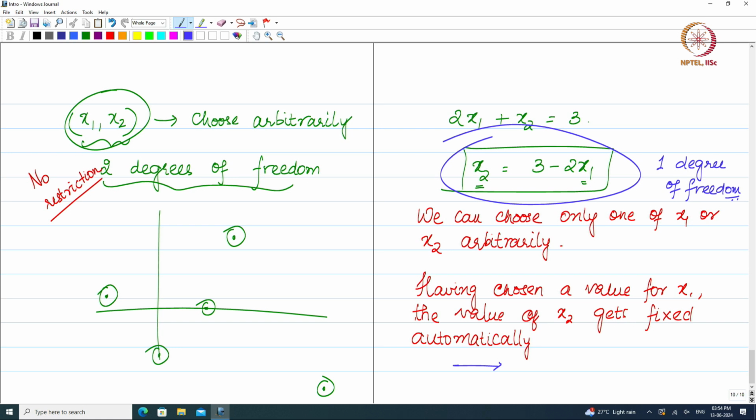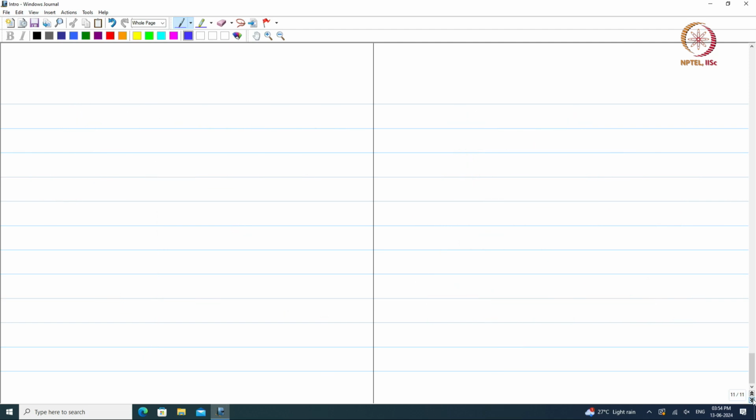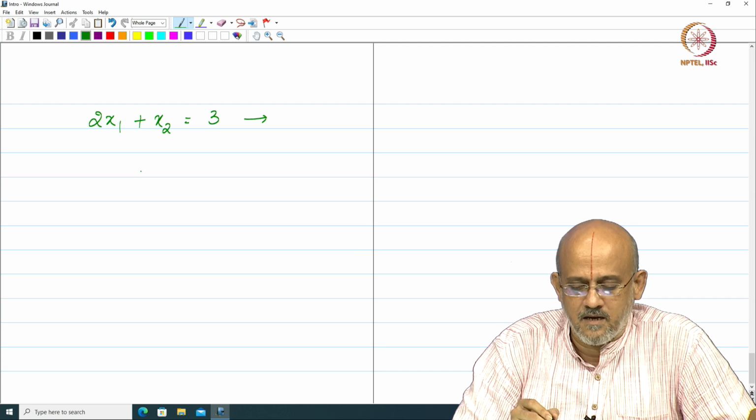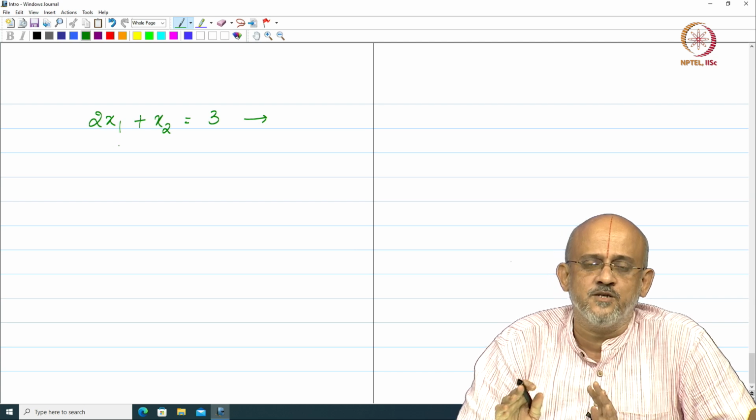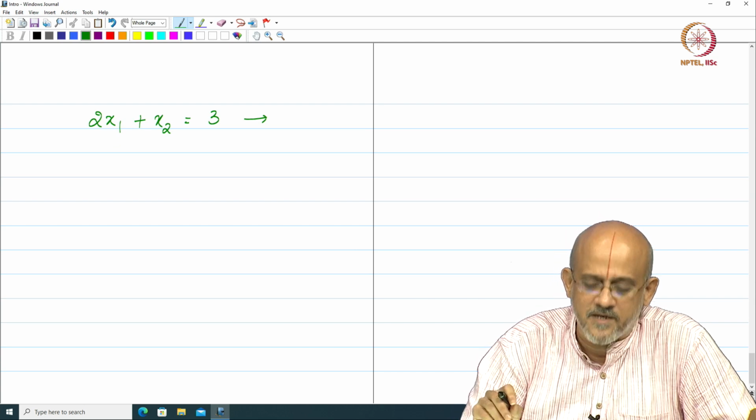Now the third case, let us look at one more. Suppose I had this, what did we do? We started with 2x1 plus x2 is equal to 3. This was the first example that we studied, and this had one degree of freedom, which means either x1 or x2 we can choose arbitrarily, the other value gets fixed.